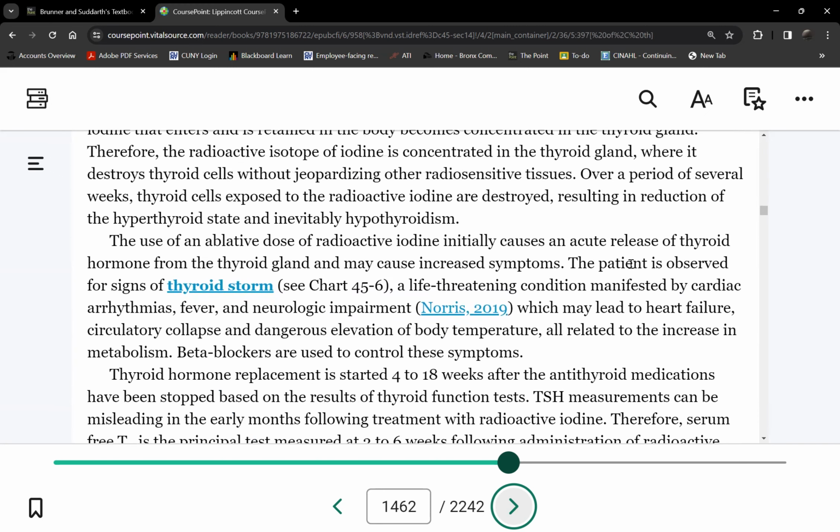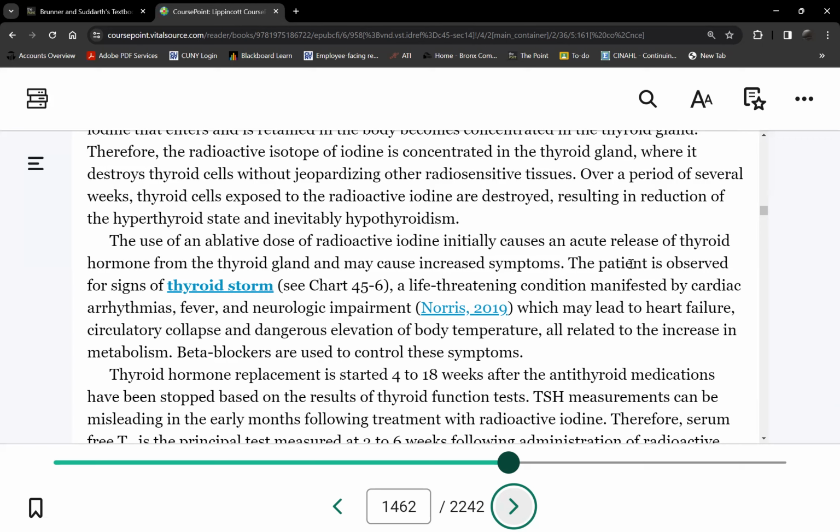Now, the warning for radioactive iodine therapy: remember, what is the function of iodine and what is its effect on the thyroid gland? It's going to stimulate the production of T3, T4, right? So what was one of the causes listed in the chart under hypothyroidism? Deficiency of iodine intake, right? Meaning the patient has little to no iodine. What was one of the causes listed under hyperthyroidism? Too much iodine intake.